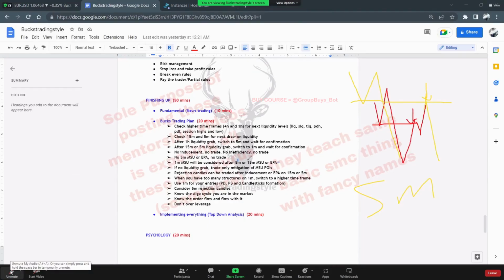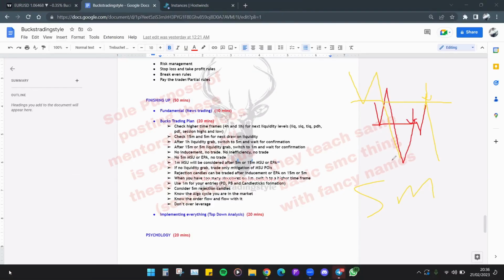So the 5-minute and 15-minute time frames are medium time frames. They're in between the lower and the higher time frame. So you can trade off the 1-minute MSU after seeing the 5M or 15-minute MSU.